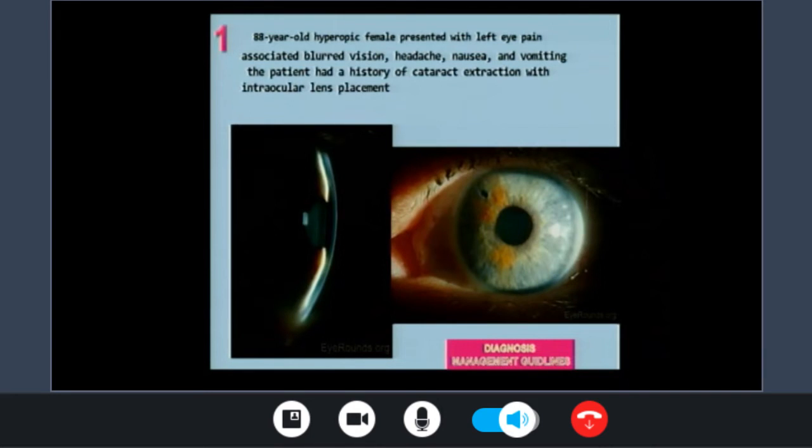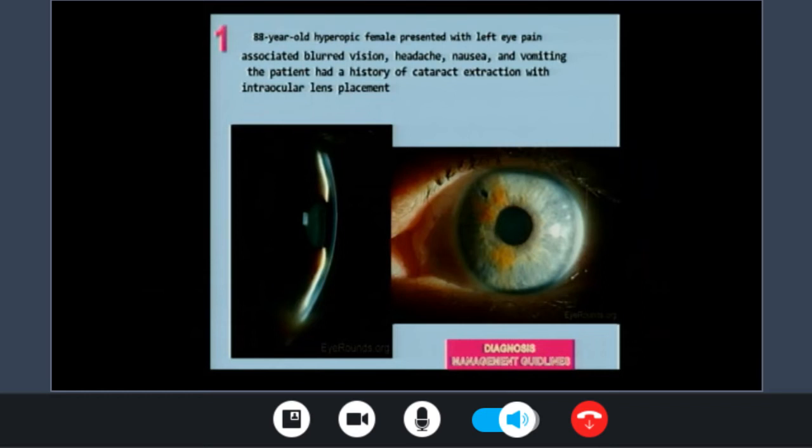She had a history of phacoemulsification, cataract extraction with intraocular lens implantation. From the picture you can see, what is your diagnosis? This is question number 1.